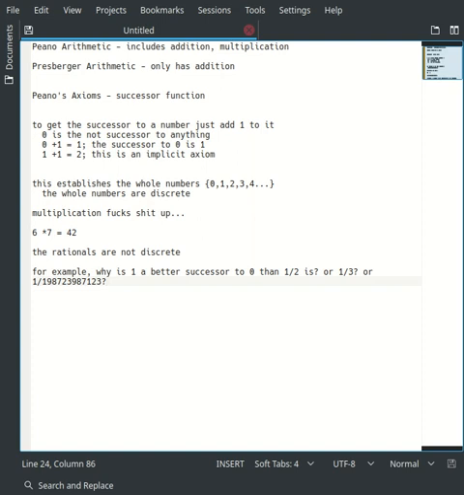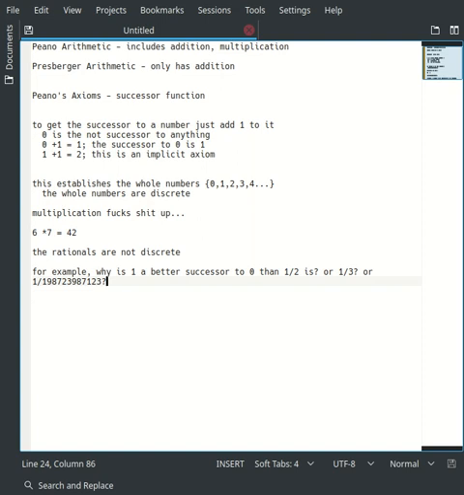And this is why multiplication is a problem, and it poses a problem for any foundational system for math that utilizes Peano arithmetic or Peano axioms, because fundamentally Peano arithmetic contradicts itself. It is not consistent. It introduces paradoxes into its own system immediately, which is why you had to have Presburger arithmetic.